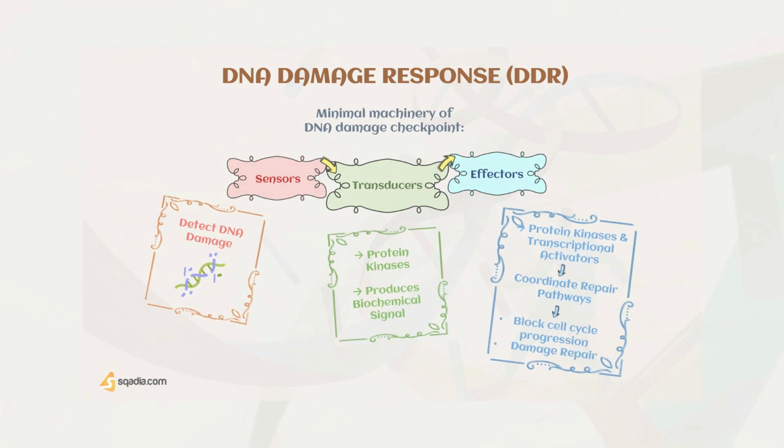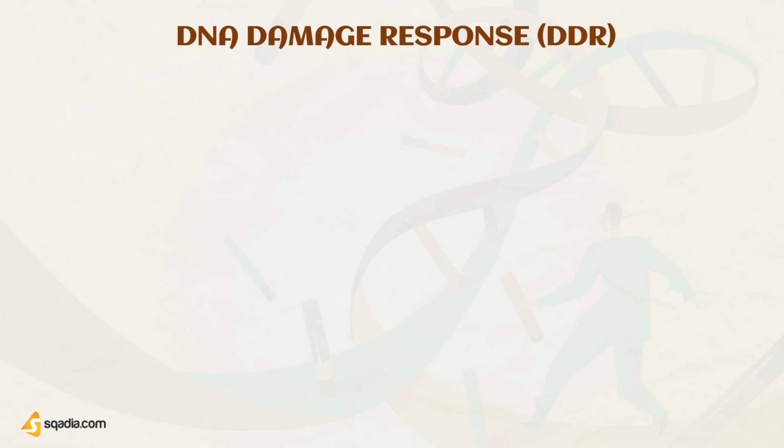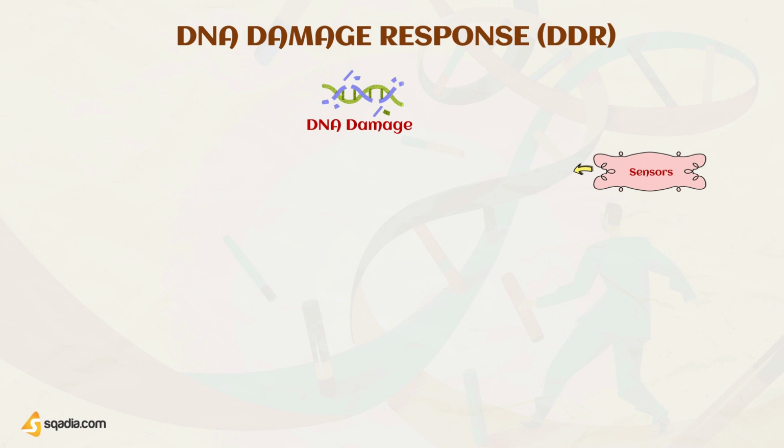Now, for a quick revision, let me briefly summarize the important events in a DNA damage response. If DNA damage occurs, DNA damage sensors, like ATM and ATR, detect the damage.